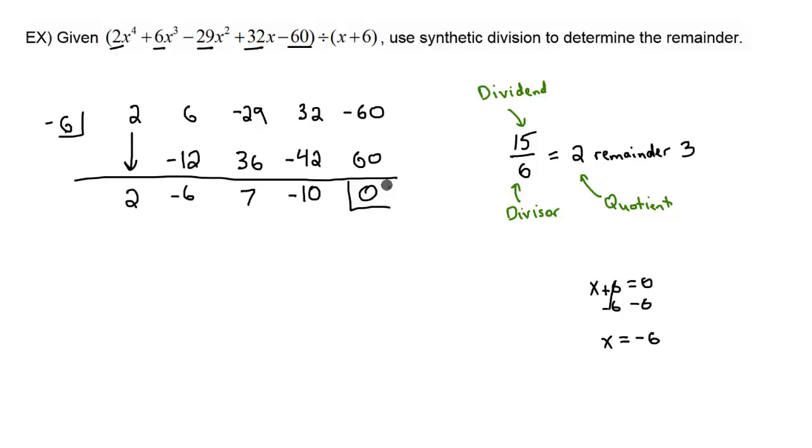It's 0. But to compare it to division, I want to show what my quotient is, and these numbers represent my quotient. Well, let's see how we would write it.